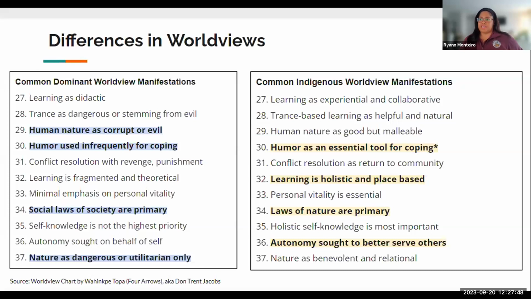Learning is holistic and place-based. We're going to talk more about place-based next. Laws of nature are primary and autonomy is sought to serve others versus being sought to serve the self. I put an asterisk over here on humor as an essential tool for coping.